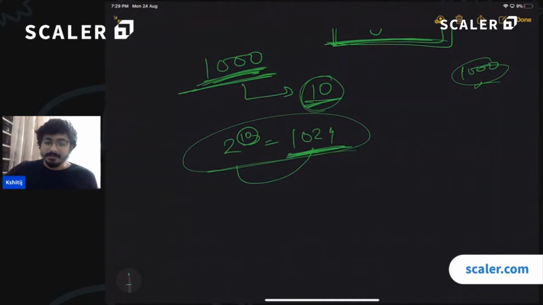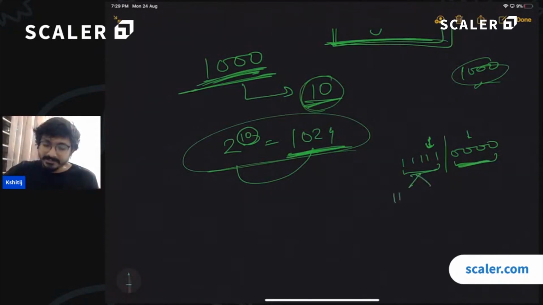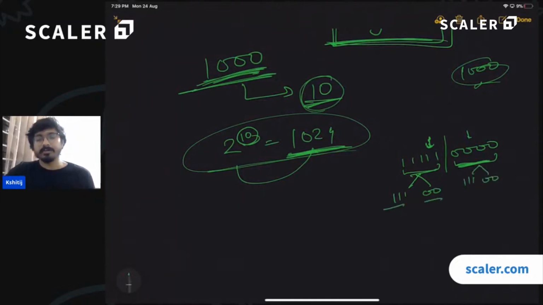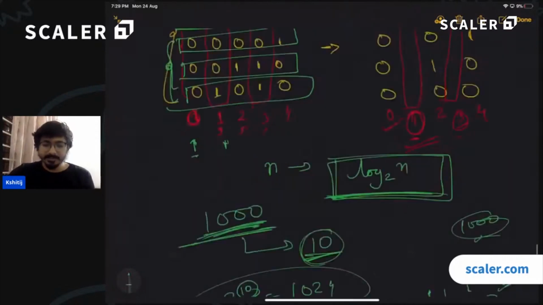You can maybe have this type of a pattern where you separate ones and zero, and now you can count how many faulty slaves are present in the first half, how many faulty slaves are present in the second half, and then you can do the exact same thing in the first half, and then you can do the exact same thing in the second half, and you can again find out how many faulty slaves are there. Okay, so that is another approach using binary search. You can try to think about that approach yourself. But is this thing clear?